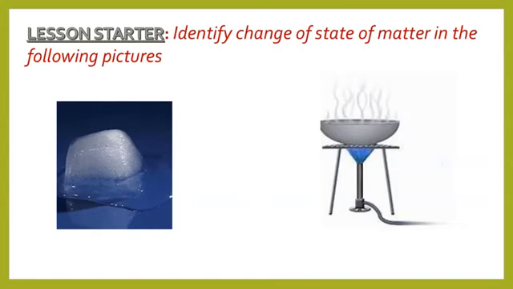Alright, so let's check the answers. Good. So we have the first one showing melting. That is change of state of matter from the solid state to the liquid state. Then we have evaporation, change of state of matter from the liquid state to the vapor state.